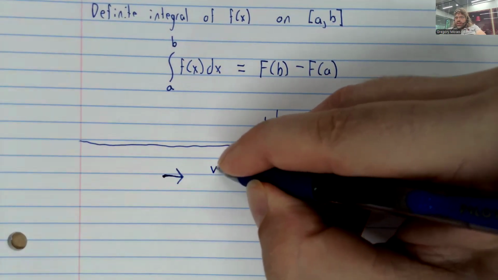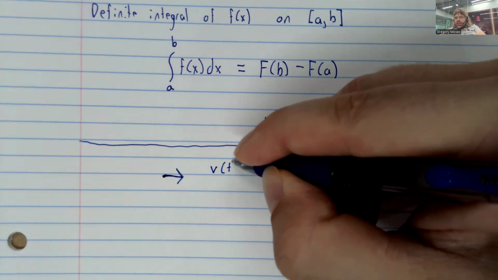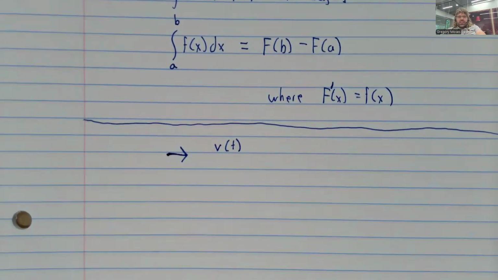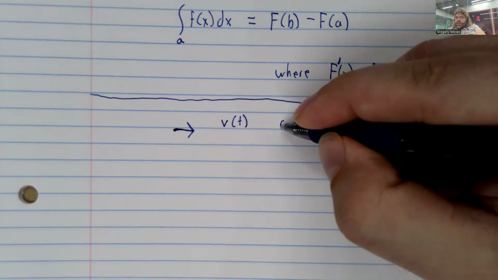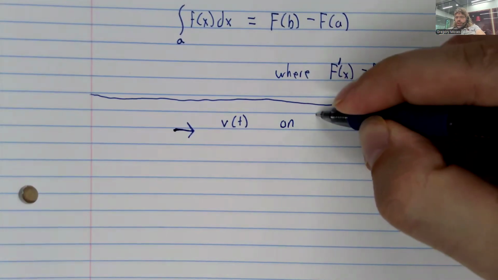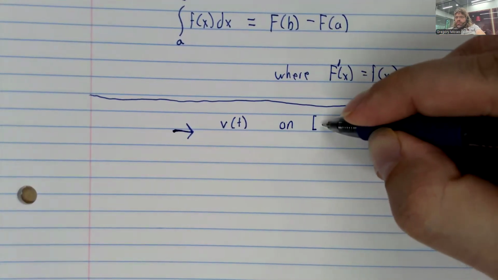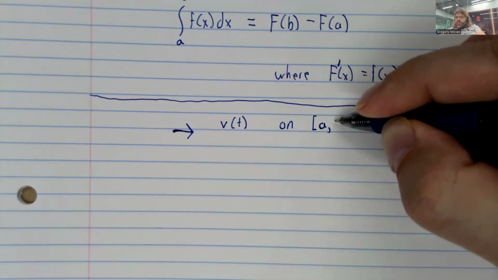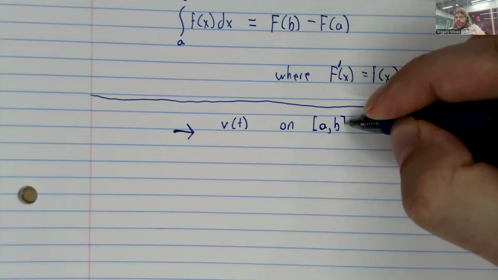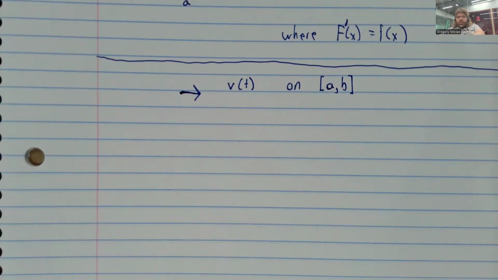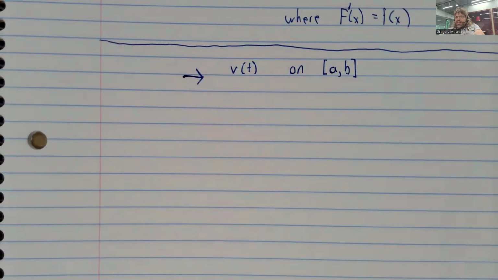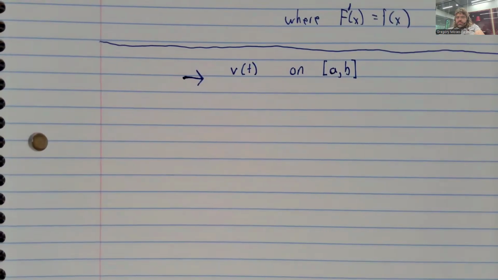So it's got a positive velocity. And we have a velocity function v of t on an interval from A to B.